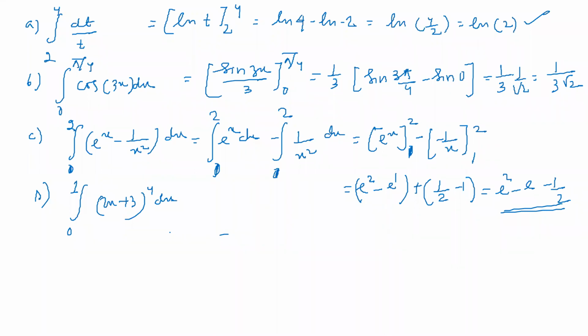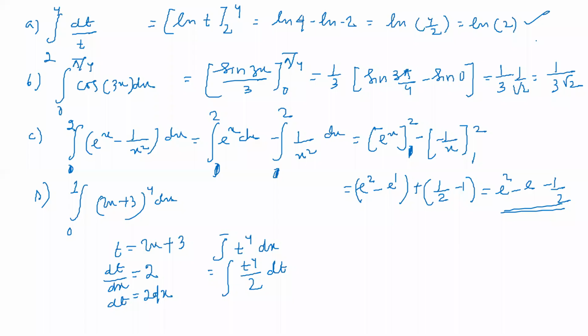This question is 2x plus 3 to the power 4, students. Here 2x plus 3 to the power 4 is not in the form of direct integration, so let's substitute it by t. If t is equal to 2x plus 3, then dt by dx is equal to 2, so dt is equal to 2 dx.